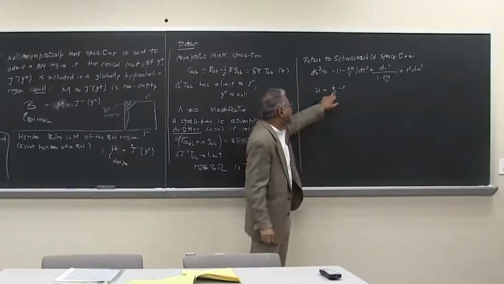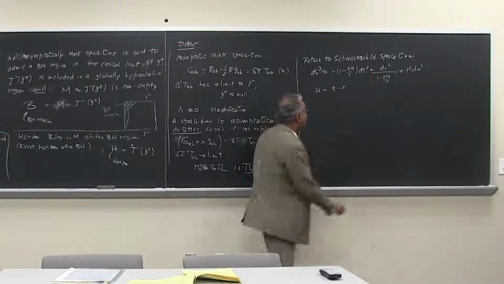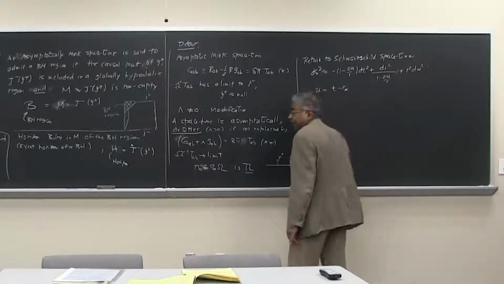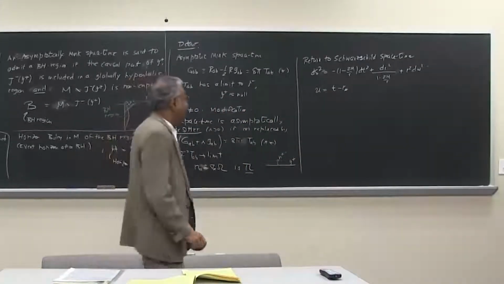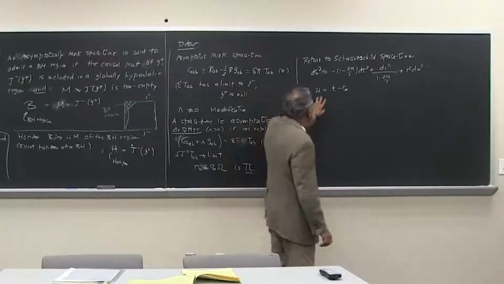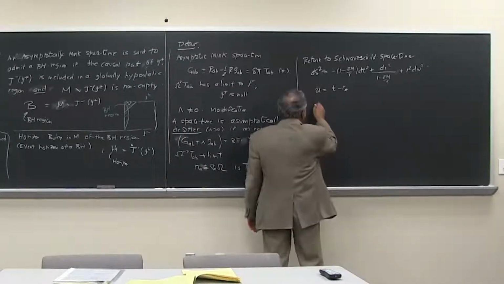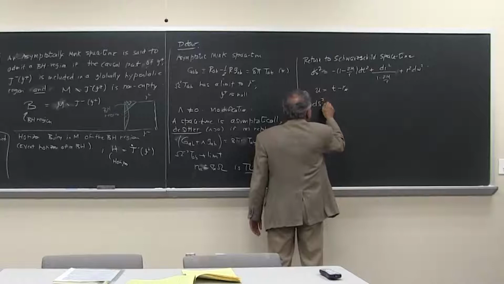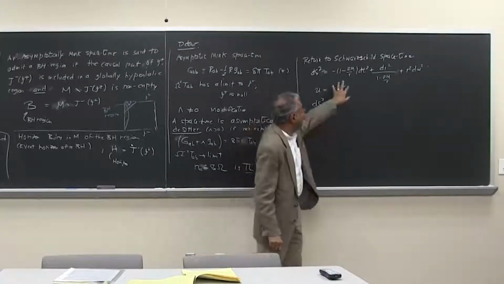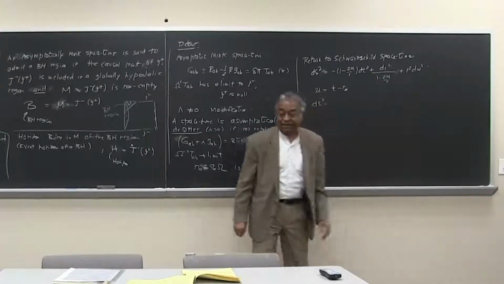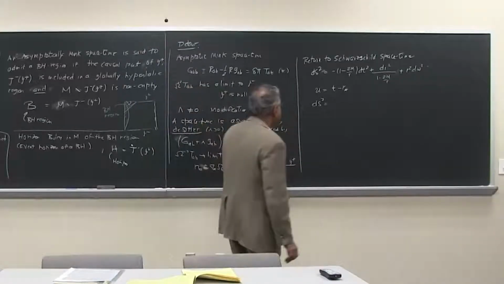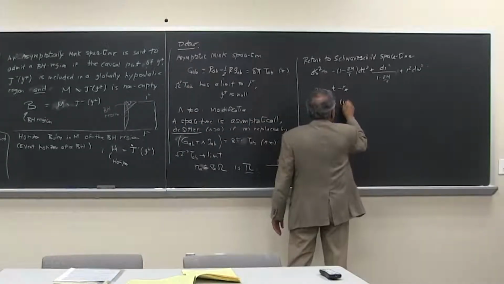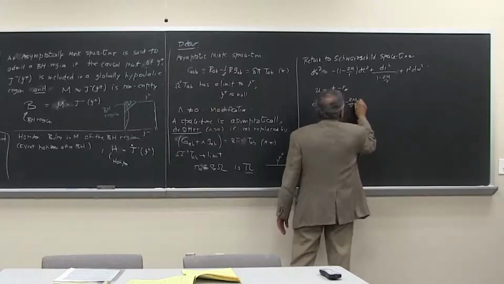Not very surprisingly here, t minus r is not going to be null, but t minus r star is null, and r star is a coordinate that we had defined before. I leave this as an exercise. You just define this, and then we find that ds squared has a very simple form. All this 1 minus 2GM over r simplifies greatly, and we just get minus (1 minus 2GM over r) du squared.